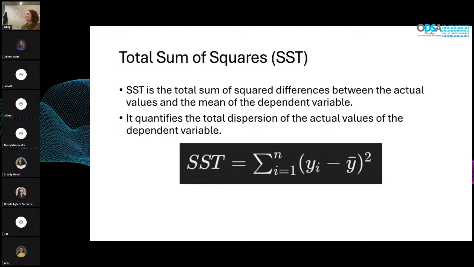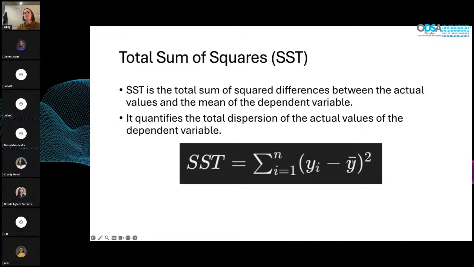So the total sum of squares is the total sum of squared differences between the actual values and the mean of the dependent variable. So y bar, notice this is a bar here now. It's not a hat. It's a bar. That means it's the average value, the mean of the dependent variable.